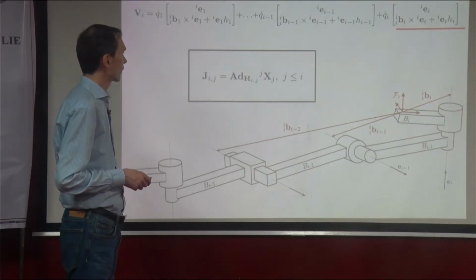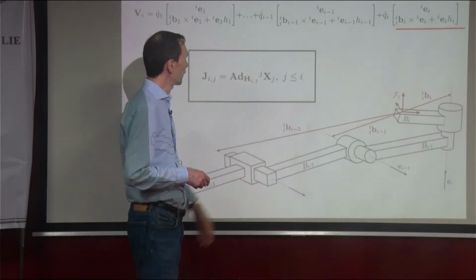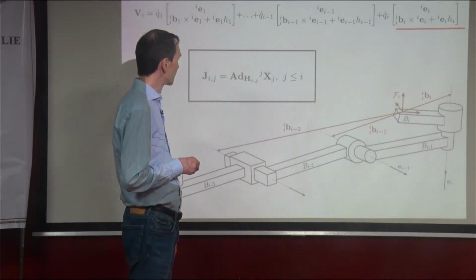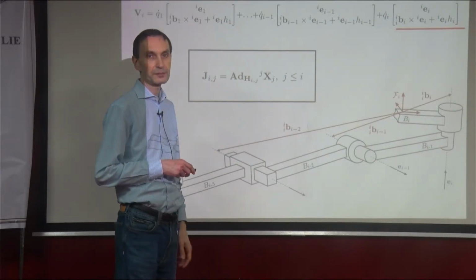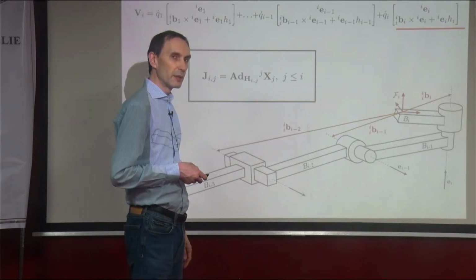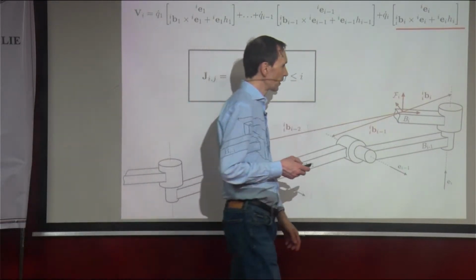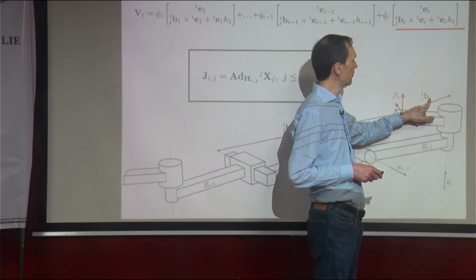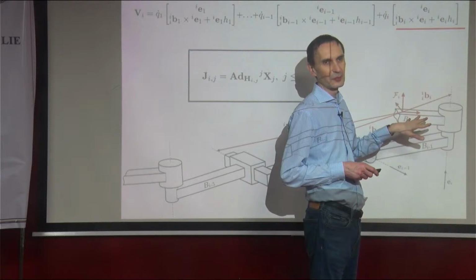And that's true, because all you have to do is transform them from the initial configuration to the current configuration. That's it. I would claim that BII is equal to XII.